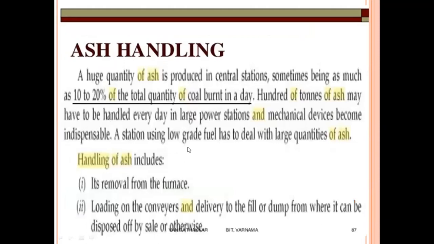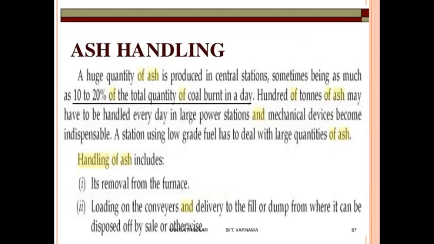Ash handling. Next topic, ash handling. A huge quantity of ash is produced in central stations, sometimes being as much as 10 to 20% of the total quantity of coal burned in a day. So hundreds of tons of ash may have to be handled every day in a large power station, and mechanical devices become indispensable.